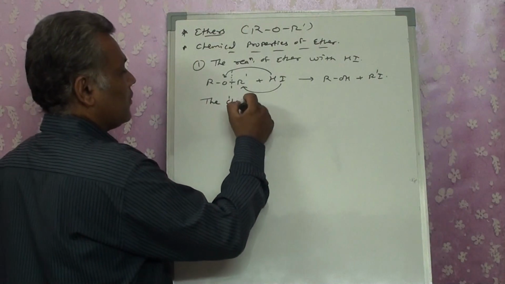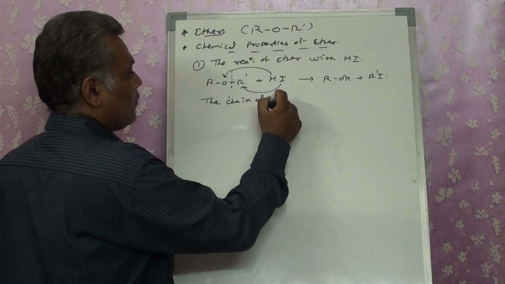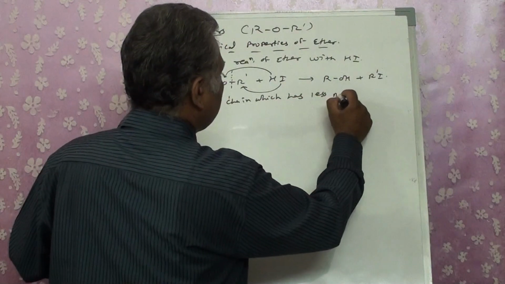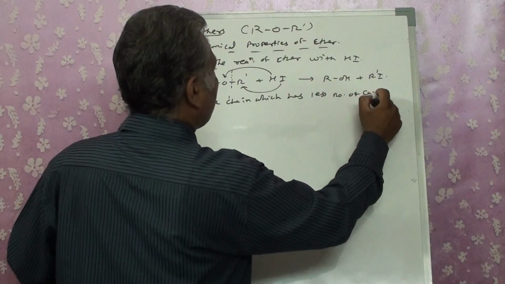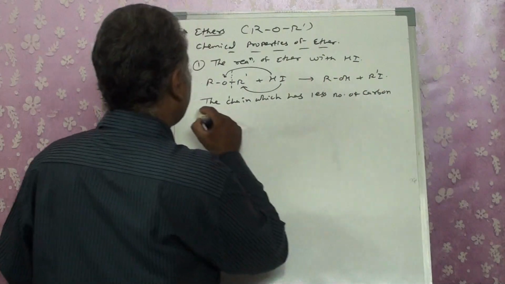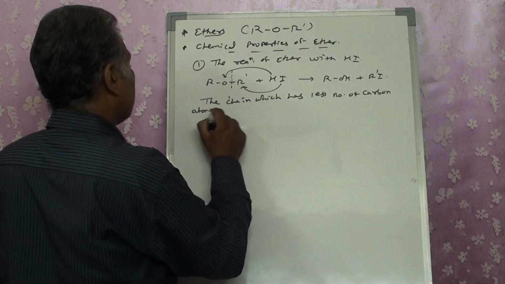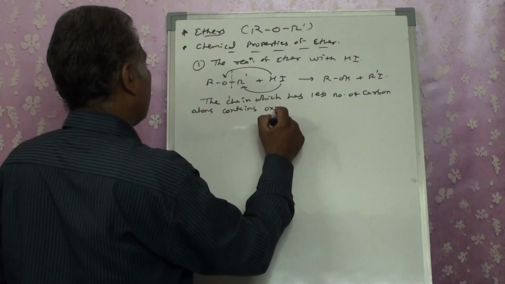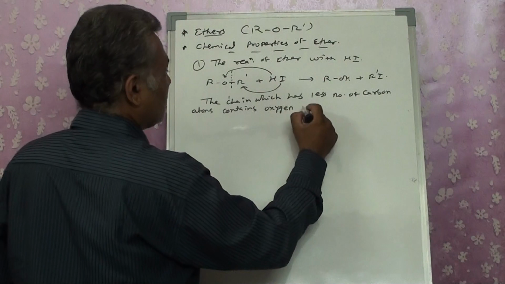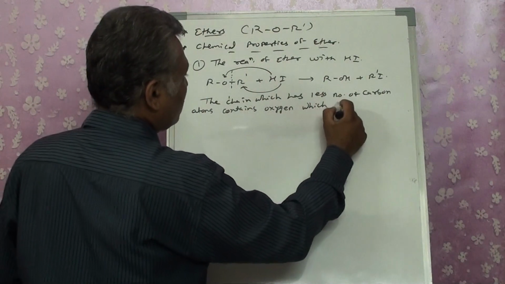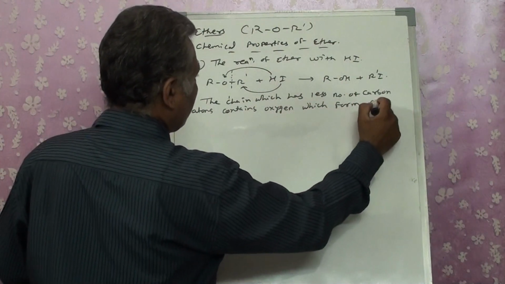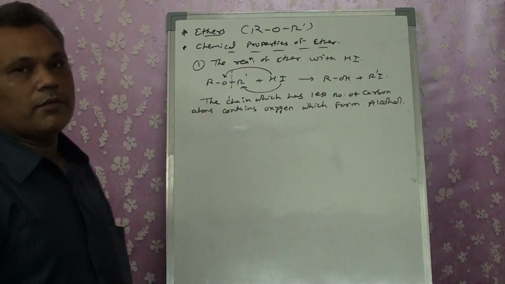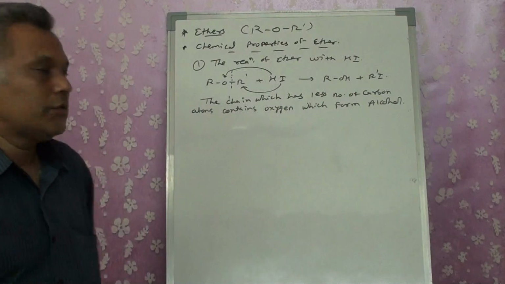The chain which has fewer carbon atoms contains the oxygen, which forms the alcohol. A smaller chain will contain oxygen, right?